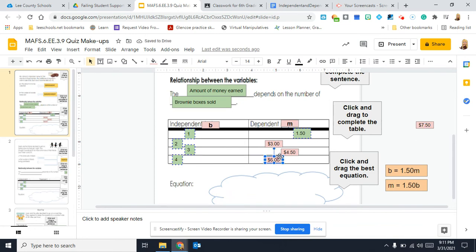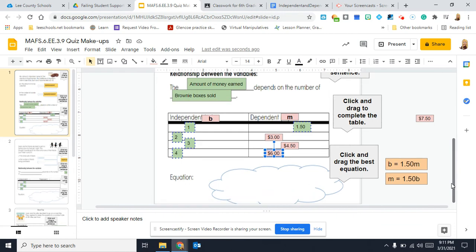And now I'm on the last section. The very last section says that I am supposed to click and drag the best equation. So I'm clicking and dragging the best equation that matches what's going on in this scenario. So let's look at the first equation. It says B equals $1.50 times M. So I'm going to compare that to the table.